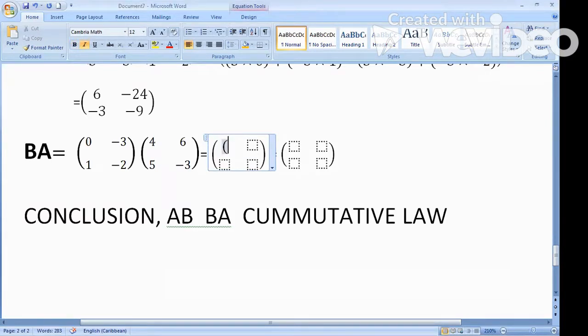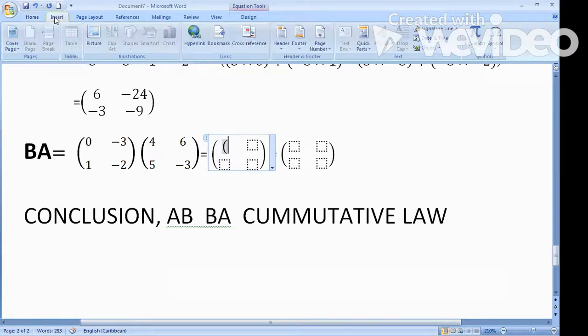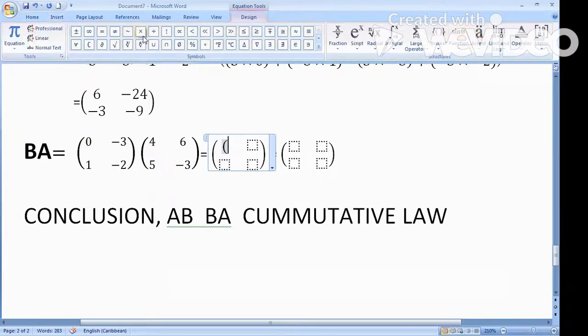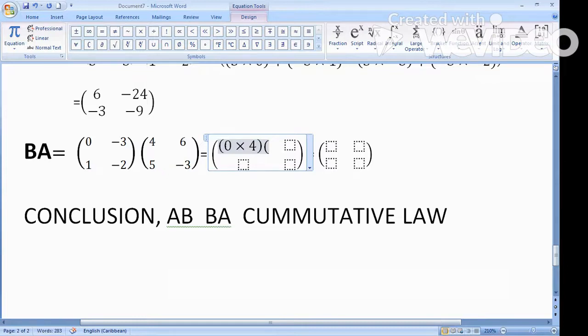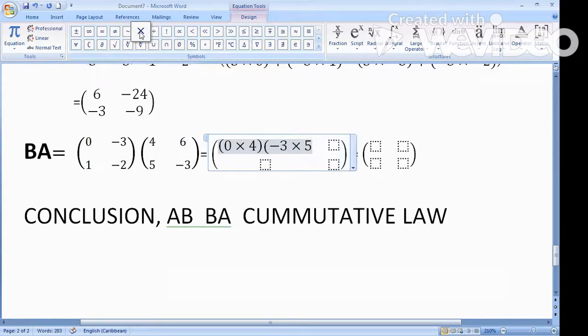Alright, sir. So start with the first. You're going to have 0 times 4 plus -3 times 5. Yes, correct. At the next side, you're going to have 0 times 6 plus -3 times -3.